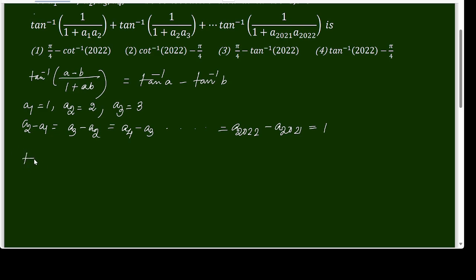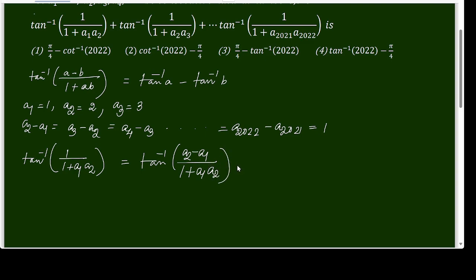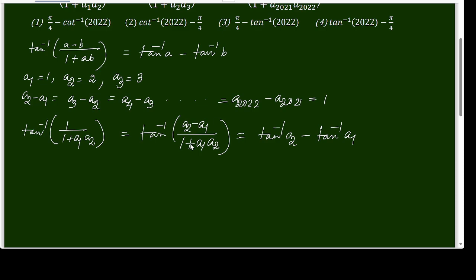So the numerator 1 we can convert in these terms. In the first term you can observe tan inverse 1 over (1 plus a1 a2) can be written as tan inverse (a2 minus a1) over (1 plus a1 a2), because a2 minus a1, the difference, is 1 for consecutive natural numbers. So we can write tan inverse a2 minus tan inverse a1. Similarly, the second term will be written as tan inverse a3 minus tan inverse a2.